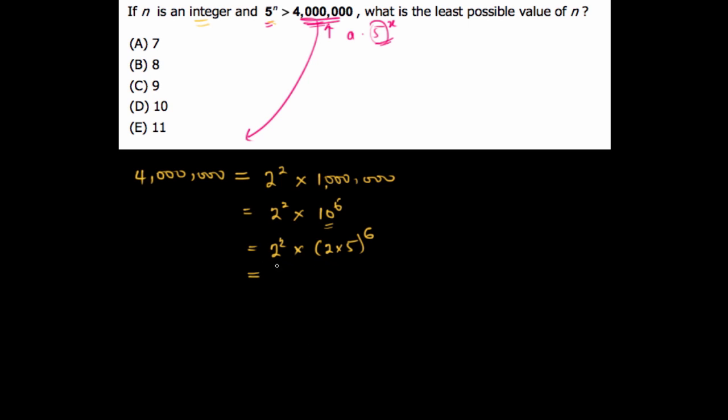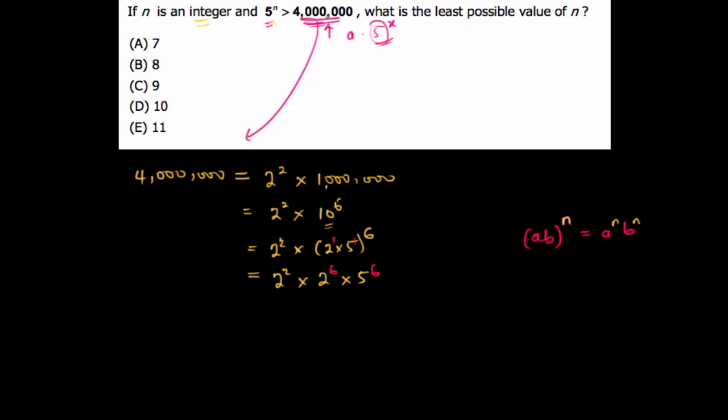I'm using the law that (ab) to the power n is a to the power n times b to the power n. The power spreads amongst the terms inside the bracket, so you have 2 to the power 6 times 5 to the power 6.